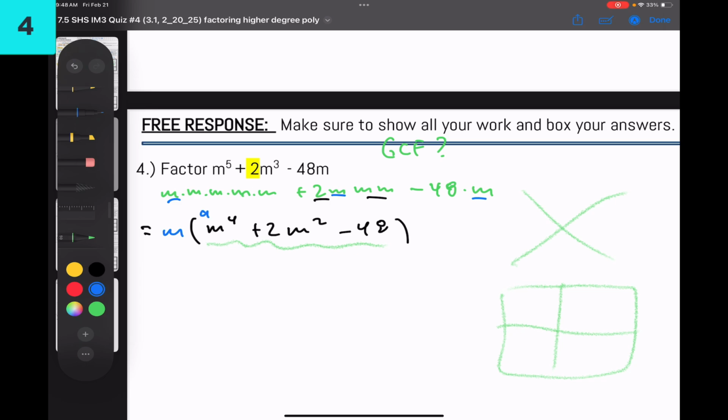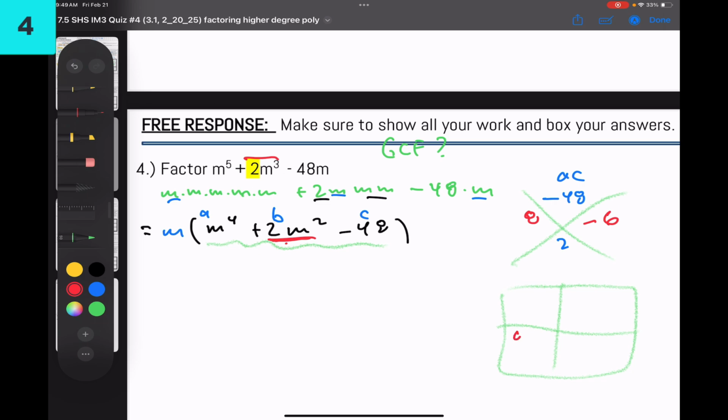So a is 1, b is 2, c is negative 48. I'm thinking of my two numbers to be 8 and 6. Okay, so remember that is splitting this term here.